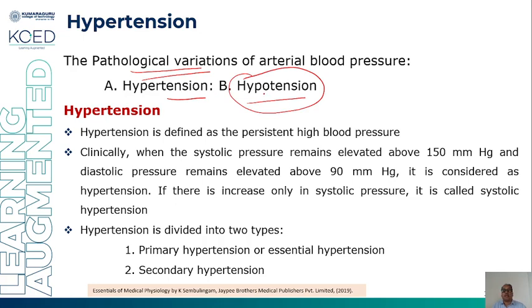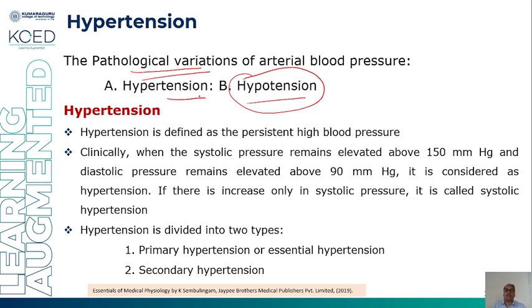Suddenly a biological system will collapse, an individual will collapse, pulse rate will decrease, the pressure will decrease, the individual will go into coma, and which leads to death. It is a highly critical medical emergency.